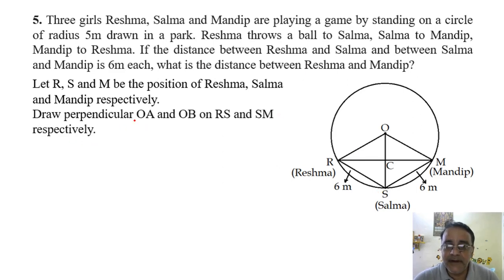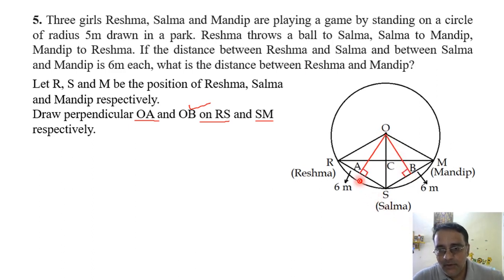Now draw perpendiculars OA on RS, OB on SM. Look carefully, we are drawing perpendiculars. So OA is perpendicular to RS, OB is perpendicular to SM. Figure is clear?